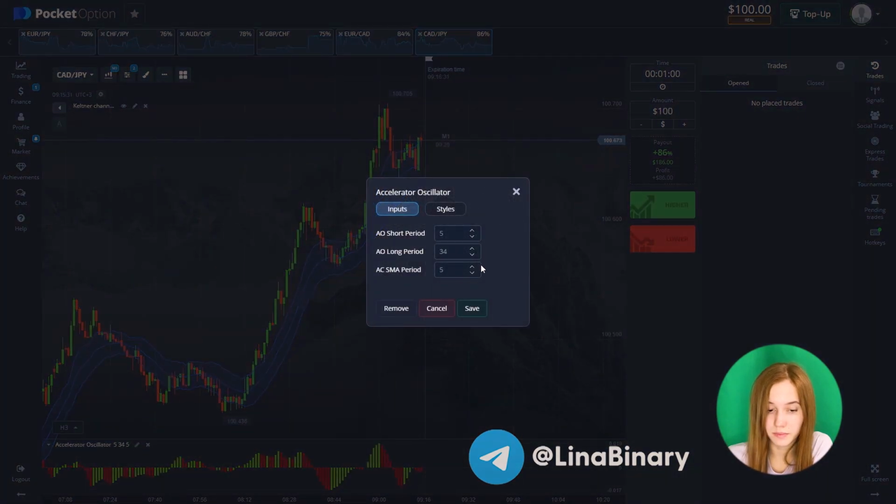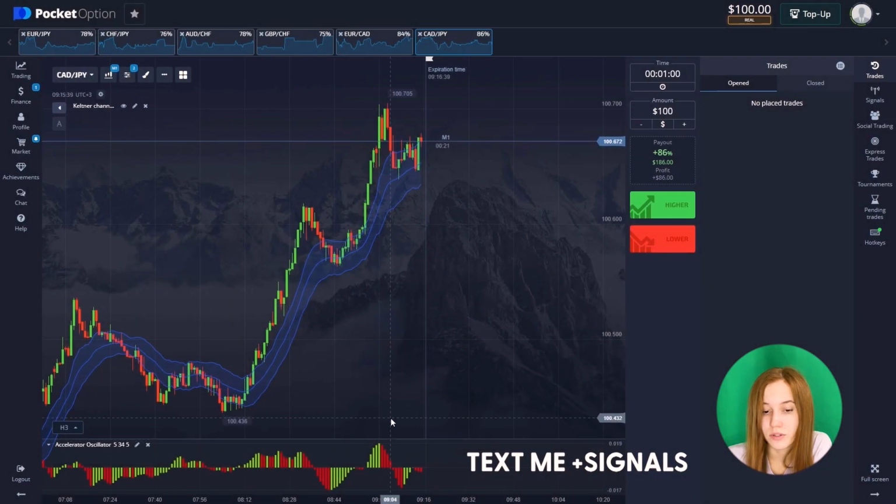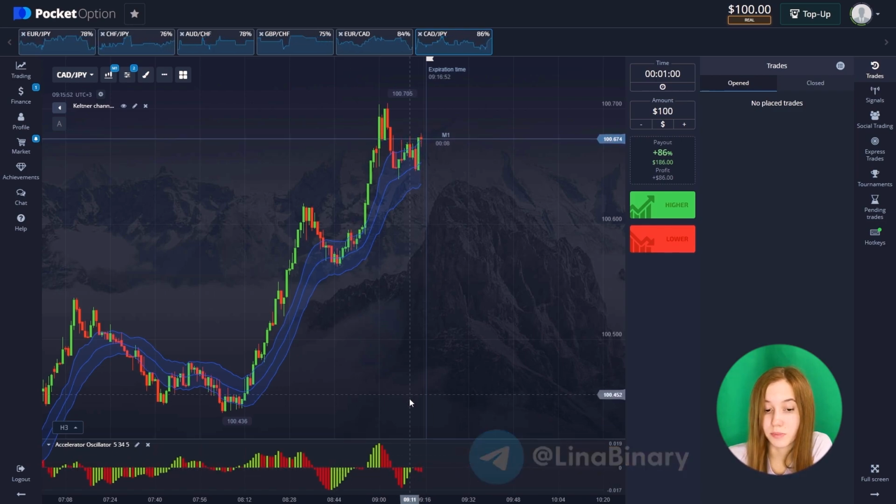The second indicator, oscillator, the settings. So in order to understand the signal from this indicator, we only need two consecutive bars, two green or two red, to open a deal. These are its main characteristics.